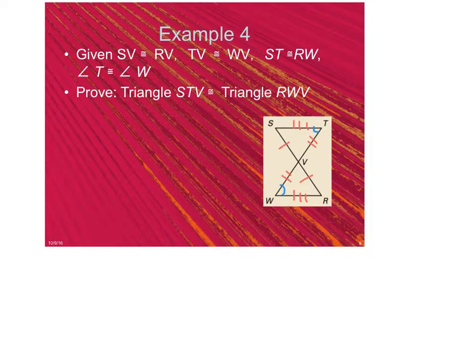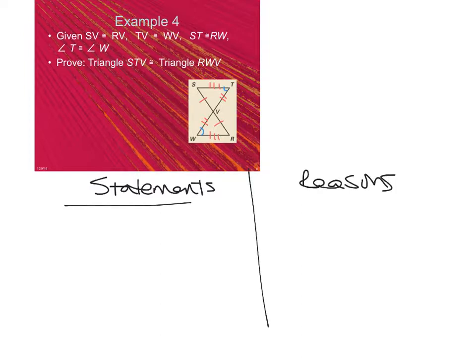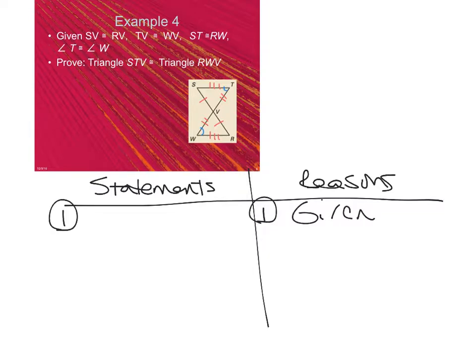So, in our proof, let's start it out. So we have a column for statements, column for our reasons. Statement number 1 is going to be given. And I'm going to actually state all 4 things here.